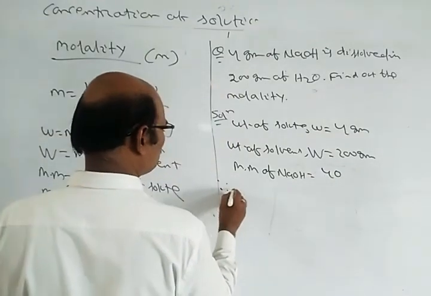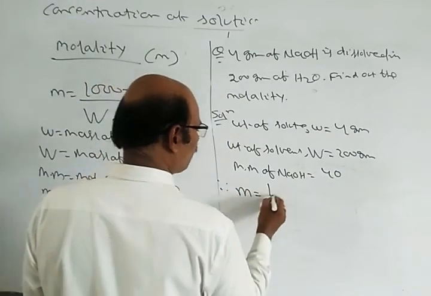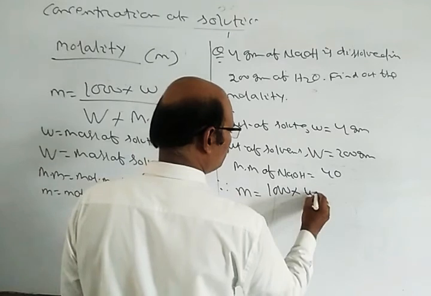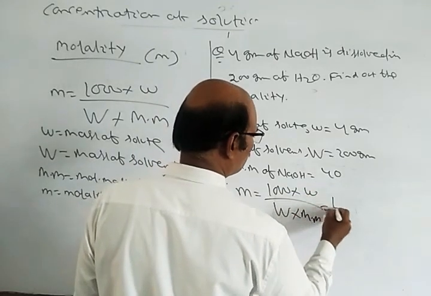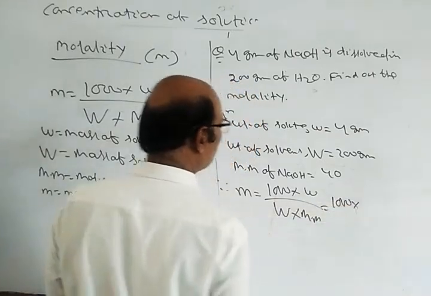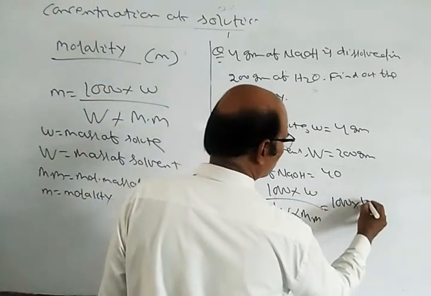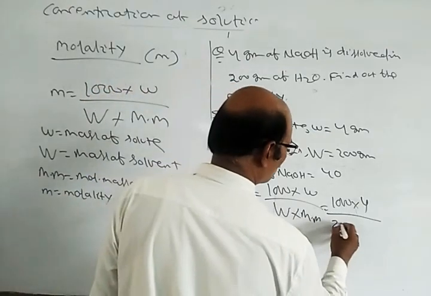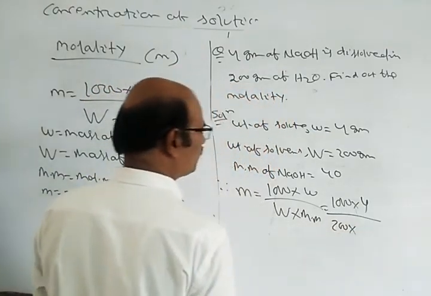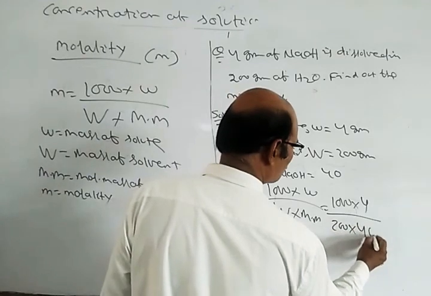So therefore molality m is equal to 1000 into w by W into molecular mass, which is 1000 into 4 by 200 into 40.